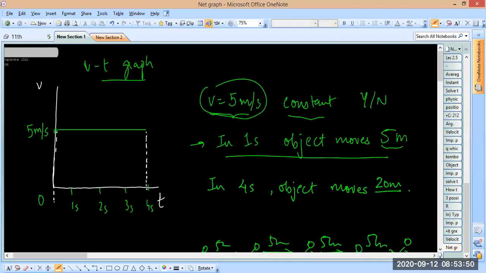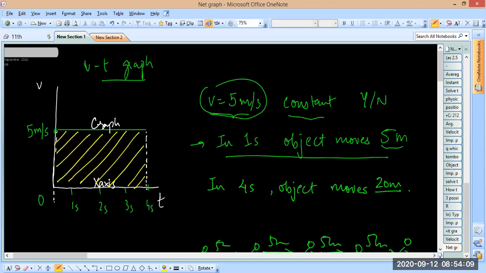And then if I find the area between this graph and this x-axis, that area is definitely in the shape of a rectangle, isn't it? So can you tell me what is the area of this rectangle? Look at this rectangle. I want you to tell me what is the area of this rectangle.